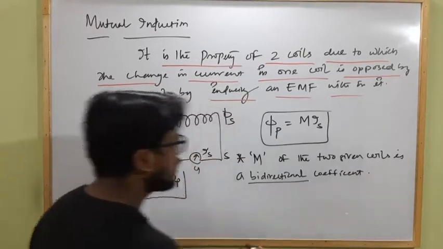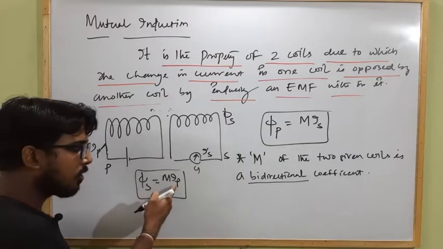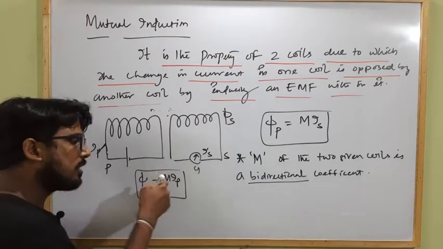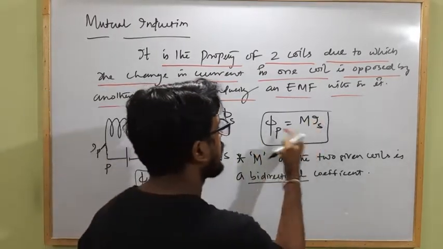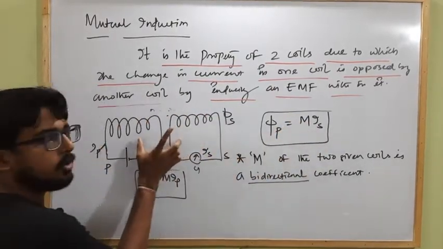Bidirectional means what? This coefficient can relate the flux of the secondary to the current in the primary, and also relate the current in the secondary to the flux of the primary. This is the same for both the coils, okay?